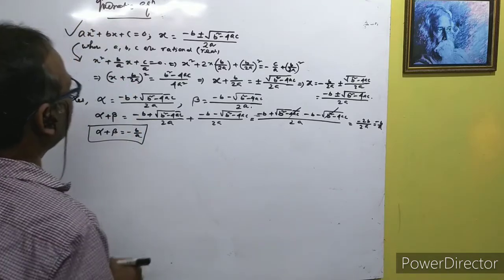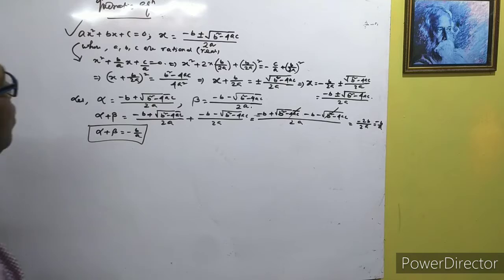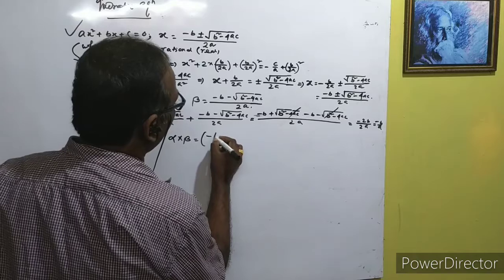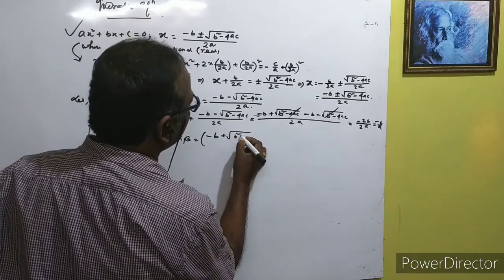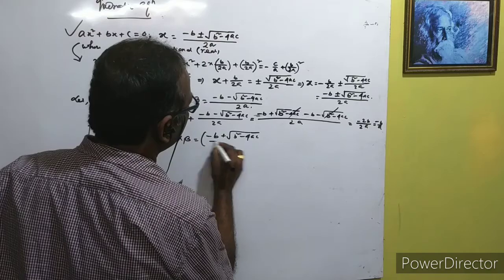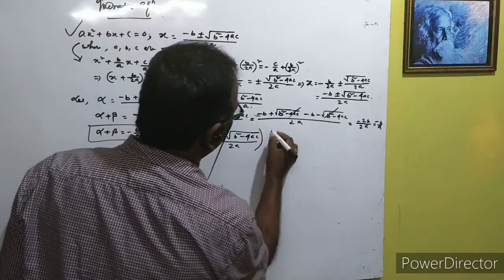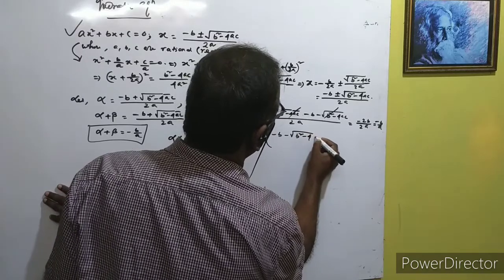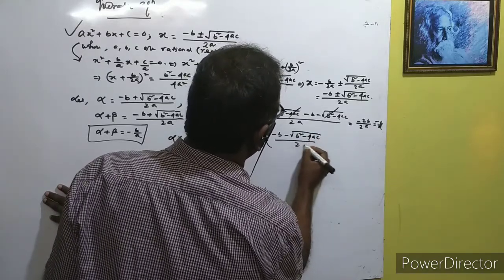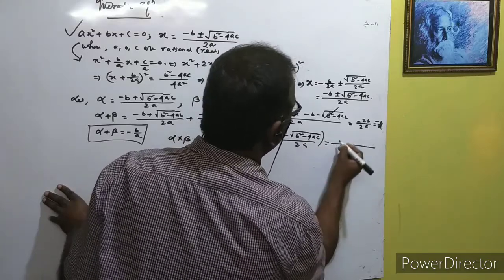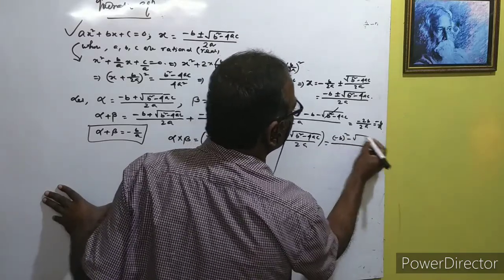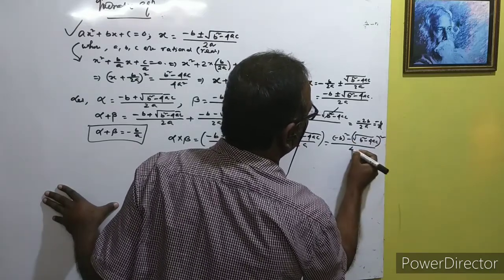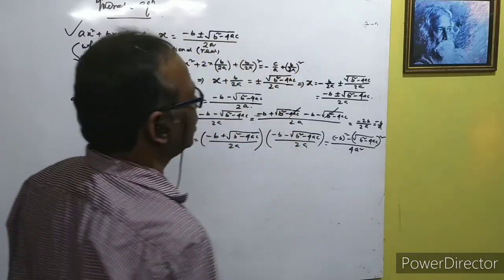Okay. Now we have to show that the product is equal to c by a here. So now alpha into beta is equal to (-b + √(b² - 4ac)) / 2a into (-b - √(b² - 4ac)) / 2a, and then you get here (-b)² minus (√(b² - 4ac))² by 4a². The denominator is 4a².